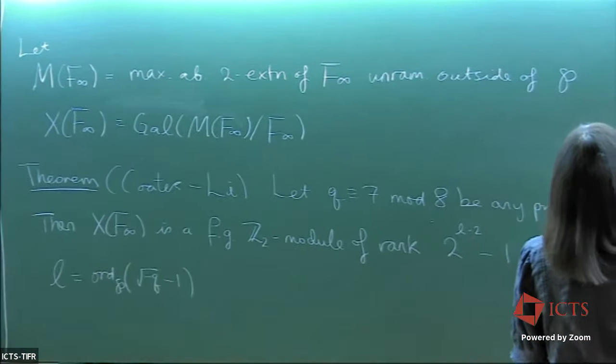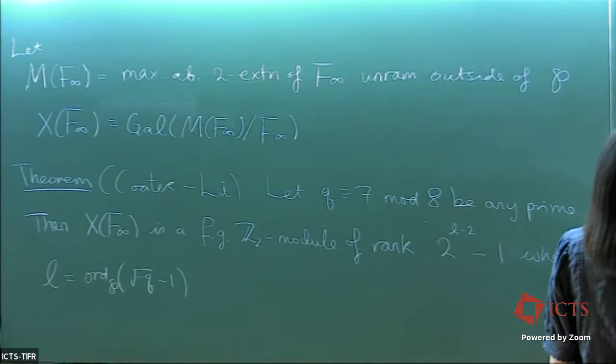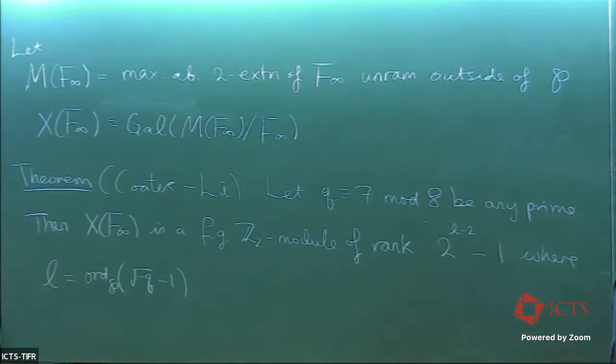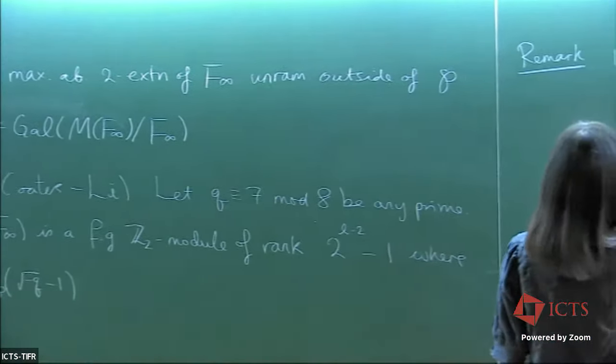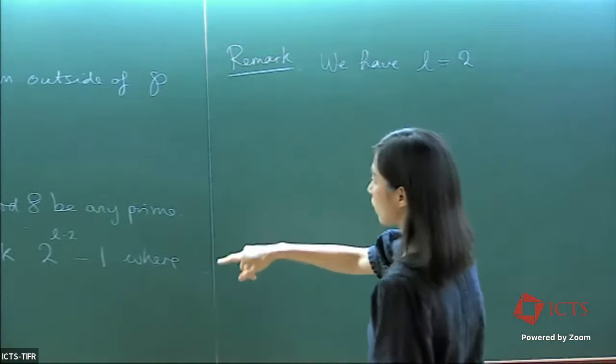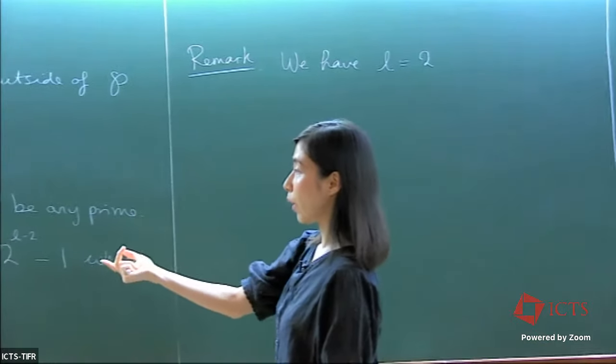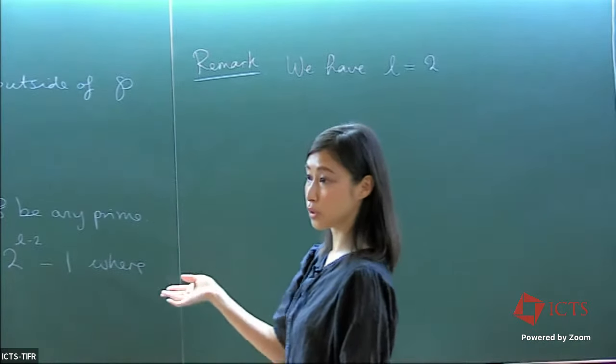And some remarks. We have L is equal to 2. So in particular, X_F infinity is equal to 0 when Q is congruent to 7 modulo 16.